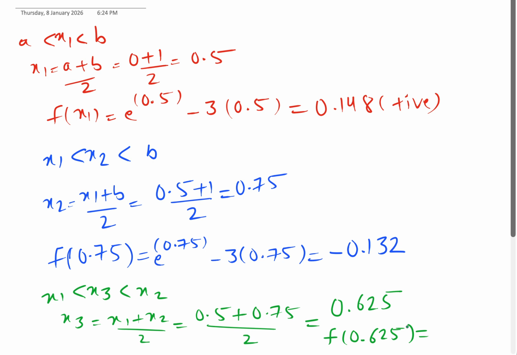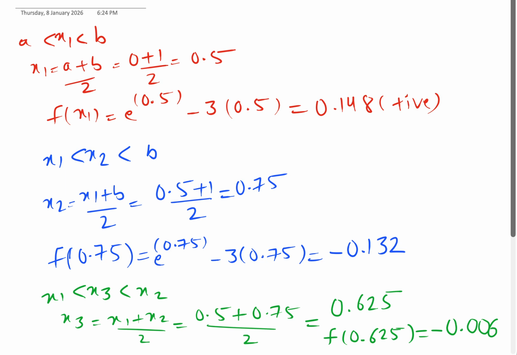It's e raised to the power 0.625 minus 3 times 0.625, negative 0.006. See how close we are getting now. We are already getting 0, but let's try one more iteration. Let's see what we can get.